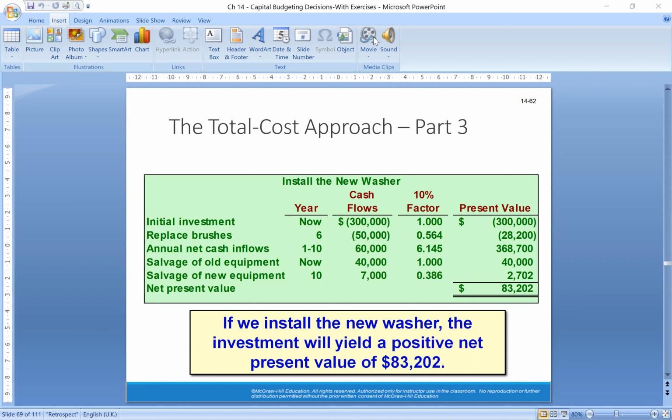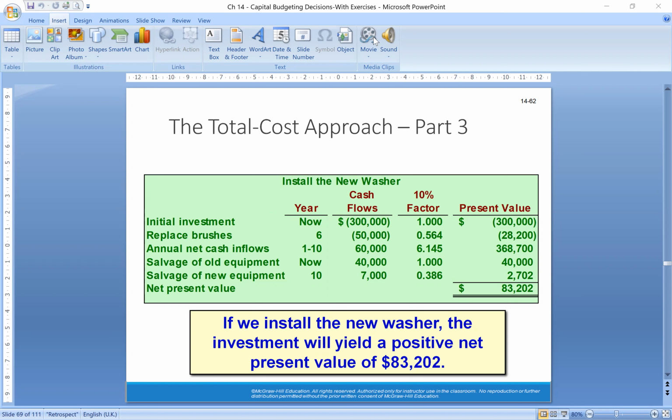So the present value of the 50,000 to be paid after year 6 is 28,200. Annual net cash inflows 1 to 10, 60,000 multiplied by factor 6.145. This equals 368 something.